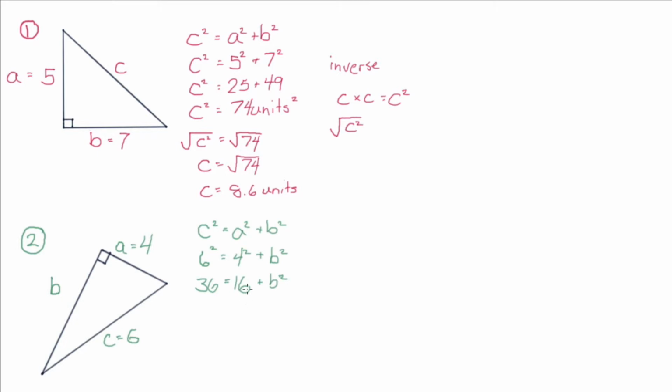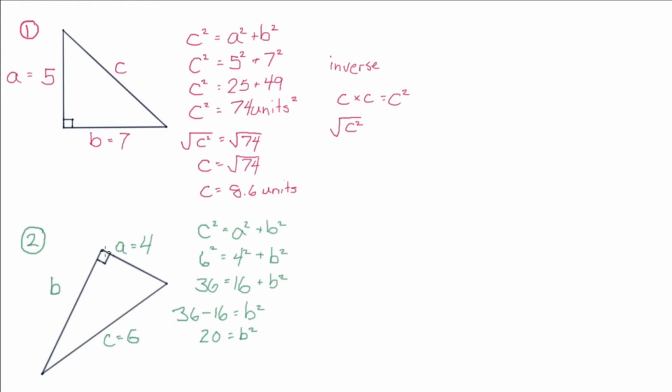We will rearrange our equation now to isolate B on one side. So we are going to have 36 subtract 16 equal to B squared. 36 subtract 16 is 20, equals B squared.